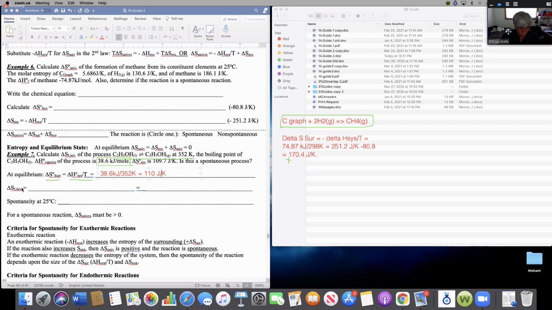That's delta S surrounding. Delta S universe equals delta S surrounding plus delta S system.